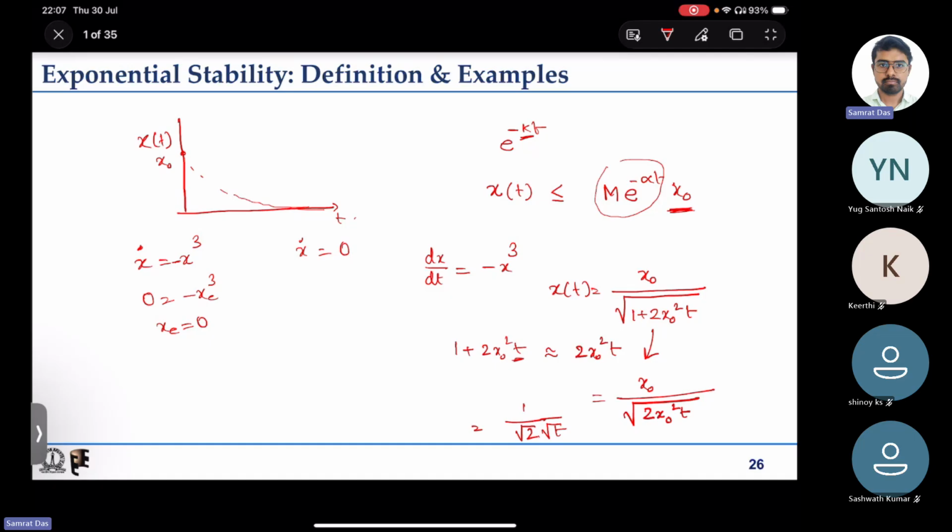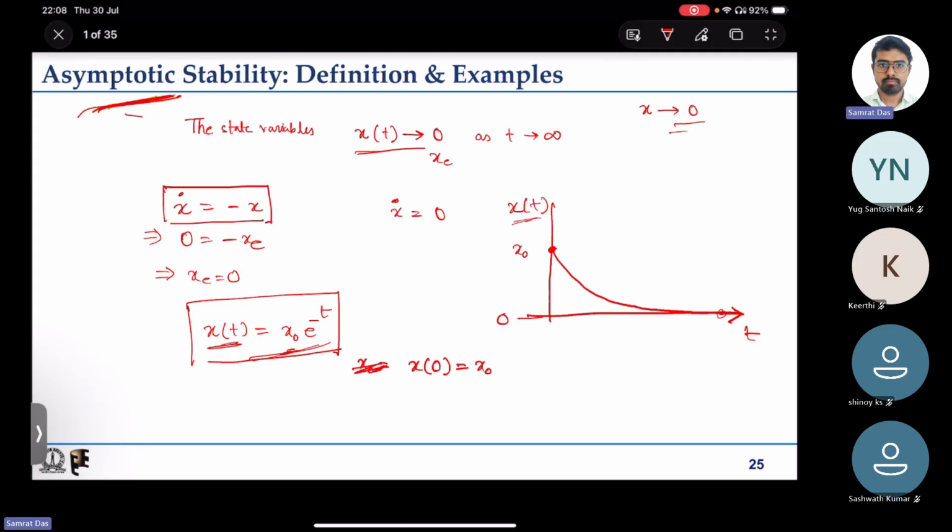So for t very much greater than 0, this basically becomes t to the power minus half. This is a polynomial which as t tends to infinity actually goes to 0, but this is not exponential, this is slower than the exponential. That is why this system is not exponentially stable, but it is asymptotically stable.